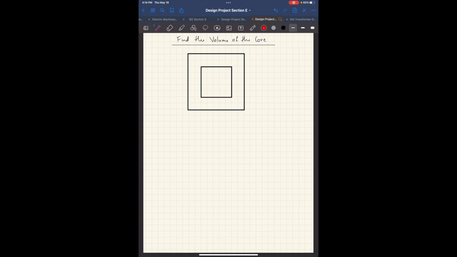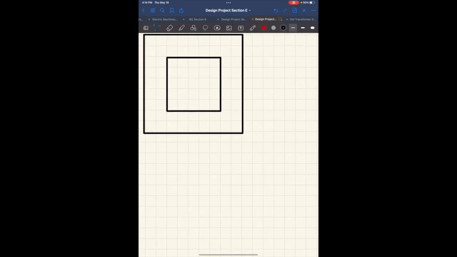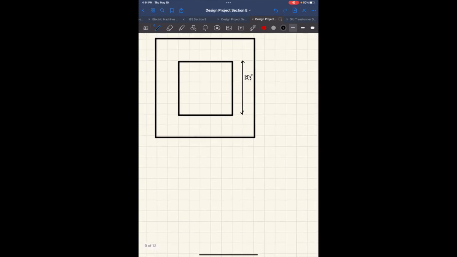So, including wiggle room, this height from here to here was supposed to be 15.3 inches. This width here is 5 inches. And ultimately, we'll see that this distance from here to here is also 5 inches.